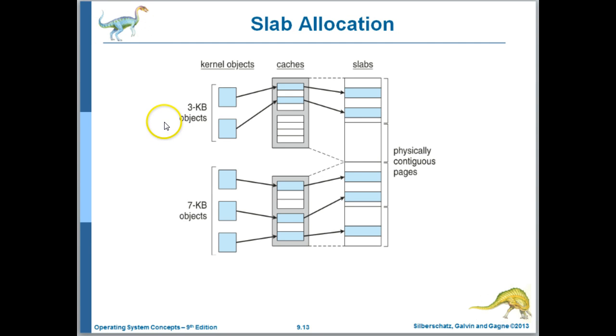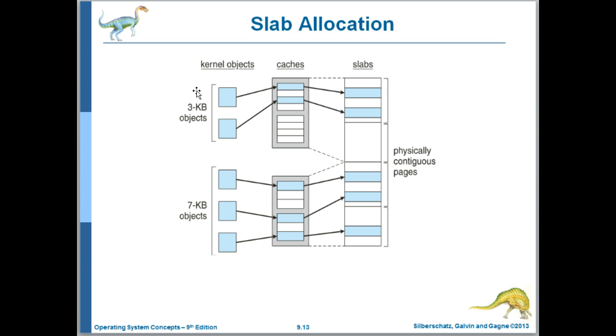All right, so here's an example. Let's consider these just for sake of argument: this is a cache for PCBs, and this is a cache for file handles. So these are actual PCBs that are mapped through the cache into slabs.